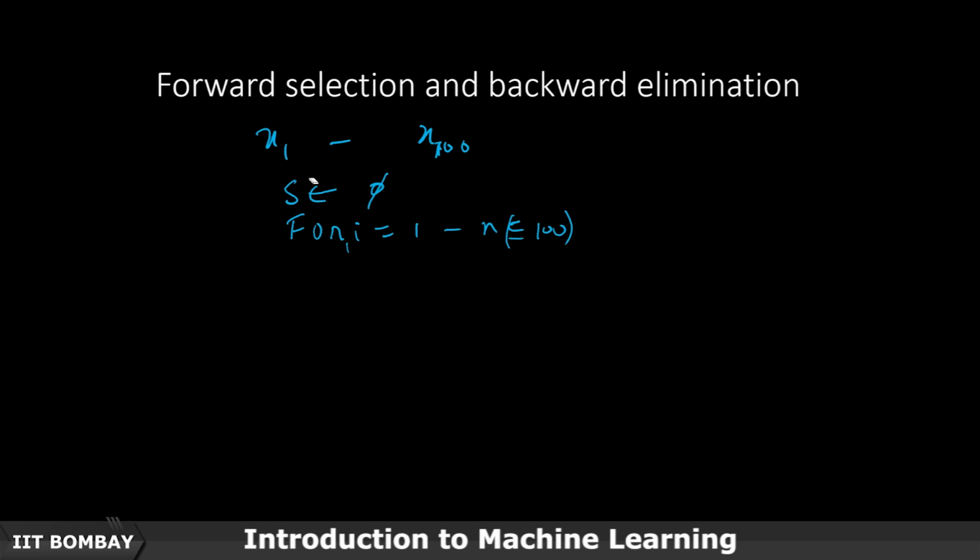Let's say your selected subset S is phi, and your reserve subset R is x1 through x100.